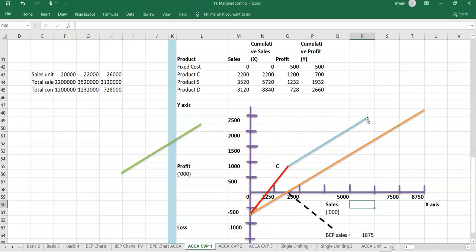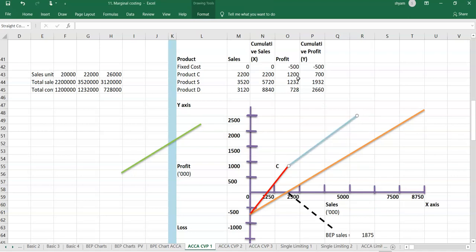So it would be somewhere in the middle of these 2 points, right? Because the difference between here and here is 2,500. So this should be 6,250 and then 7,500, so the difference is like 1,250. It should be somewhere here.